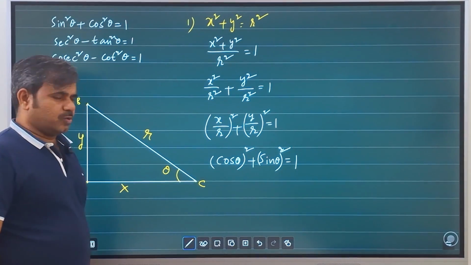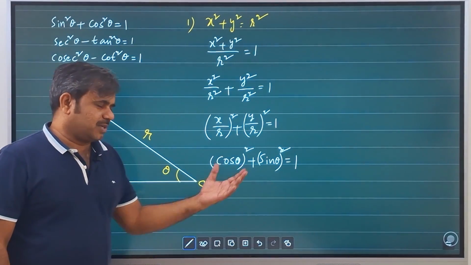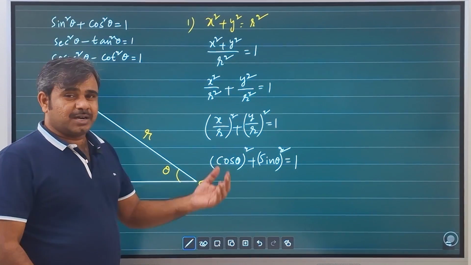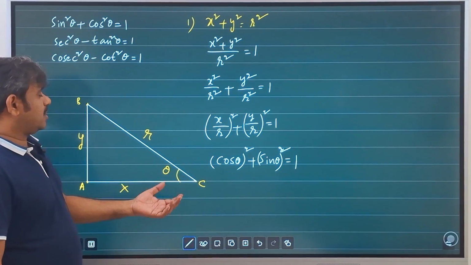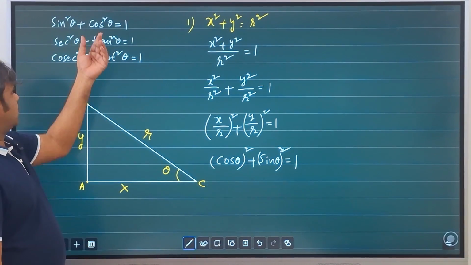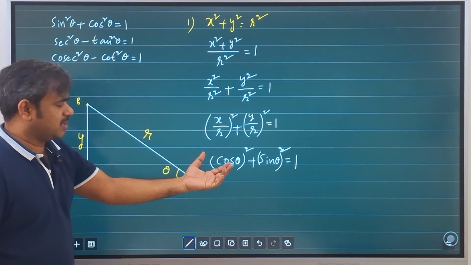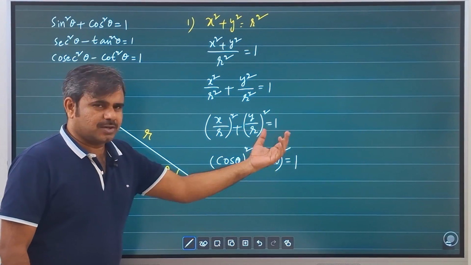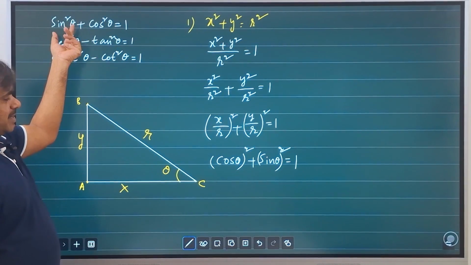So cos theta whole square plus sine theta whole square is equal to 1. Cos theta whole square is written as cos square theta. Cos square theta simply means cos theta whole square. Sine theta whole square simply means sine square theta.